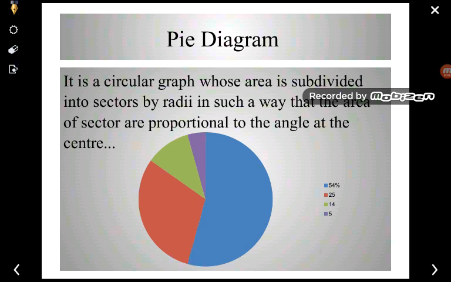So you can find this is a graph which is circular in nature and it is divided into several sectors. This is one sector, this is another sector, and this is another sector. So you can say that the data which is given to you is plotted in the form of a circle.